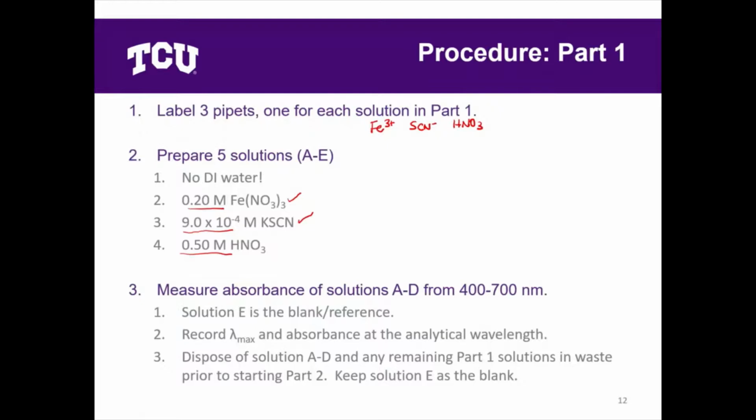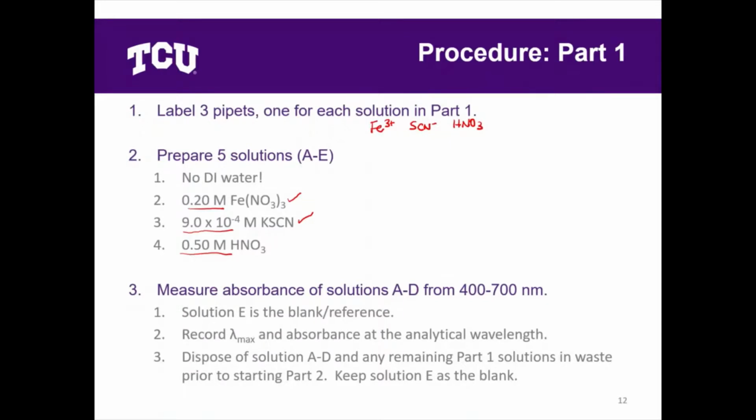You'll note in solution E, you've only added in iron and nitric acid. So solution E is what you're using to subtract out that yellow coloring due to the iron itself, the faint coloring that iron provides in solution. Measure the absorbance of the solutions A through D from 400 to 700 nanometers and record lambda max and the absorbance at your analytical wavelength.